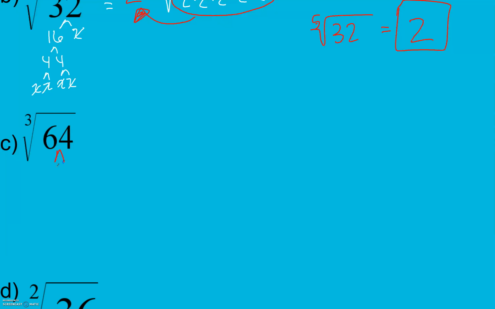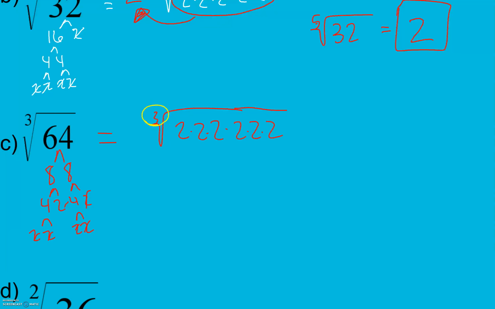64 here, 8 times 8, 4 times 2, and 2 times 2. 8 is 4 times 2, and 4 is 2 times 2. So the cubed root of 64 is going to give me 2 times 2 times 2 times 2 times 2 times 2. If I look here, 1, 2, 3, 4, 5, 6.